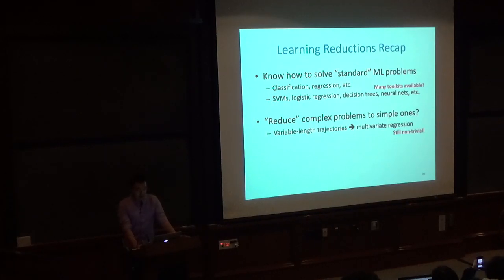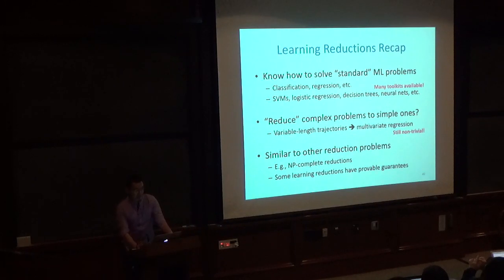The idea is that we want to reduce complex prediction problems to simple ones. For example, multivariable length trajectories to simple fixed length multivariable regression. This is of course still not difficult, but it allows us to reuse tools that we've built in the past in a way that is easy to engineer, easy to maintain, easy to debug, and easy to reason about.